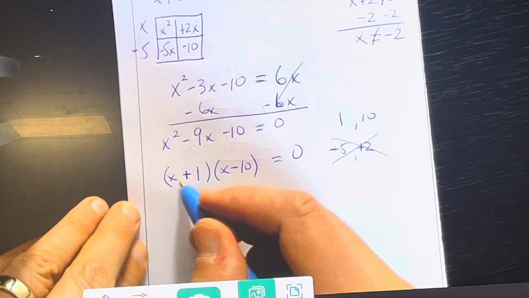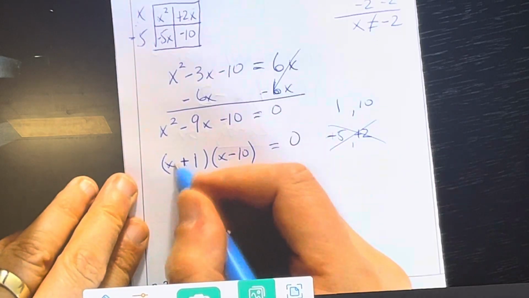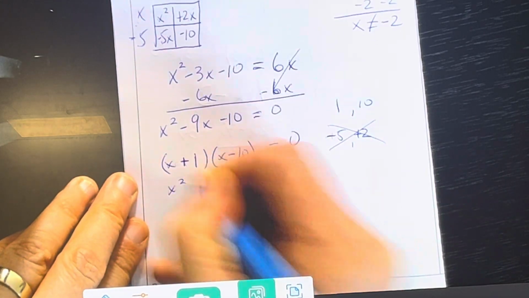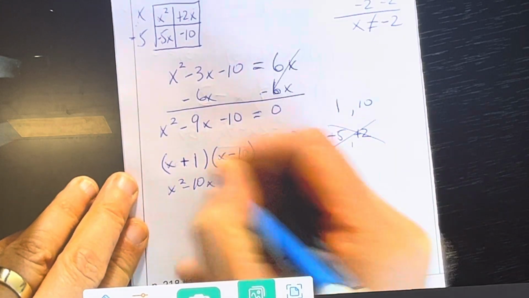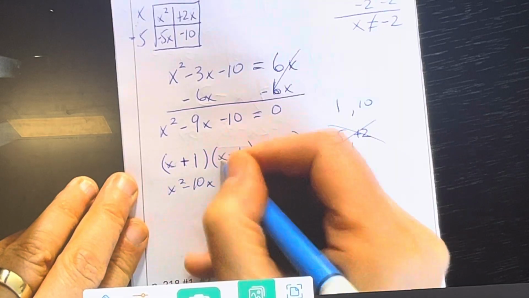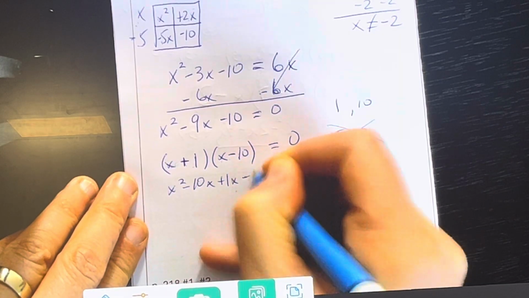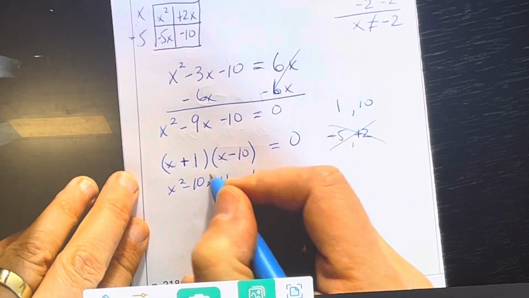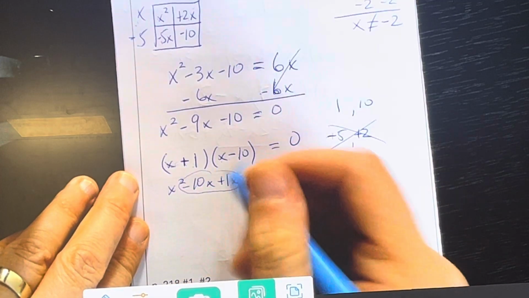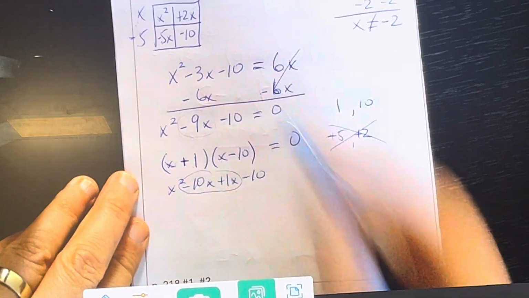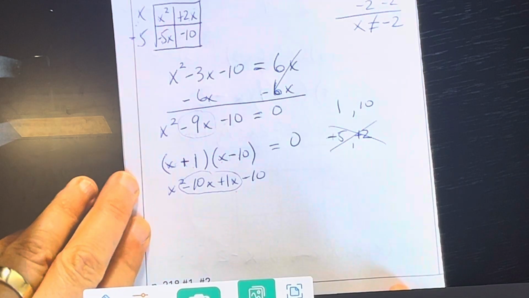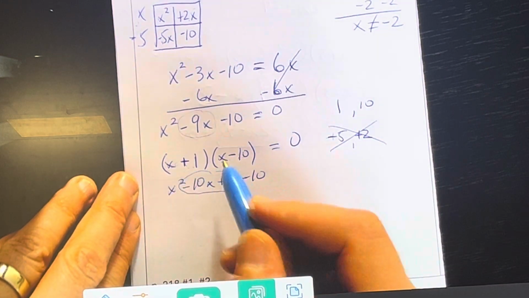So if we remultiplied these, this would come out as x squared minus 10x plus 1x minus 10. You can see that this total equals this. Okay, great. So our factors are x plus 1 times x minus 10.